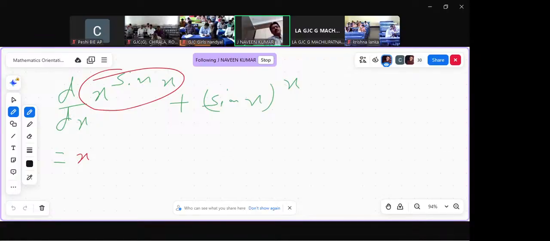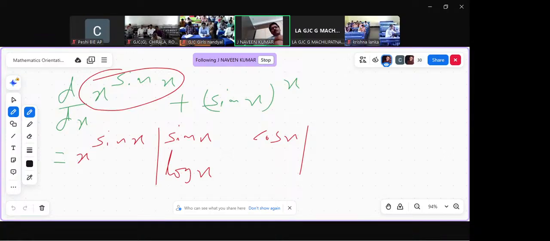I'm writing here x power sin x into sin x by x plus cos x log x. First part completed. Plus second part also, second part also like that only. The same method. In a single step we can give the conclusion for this question.